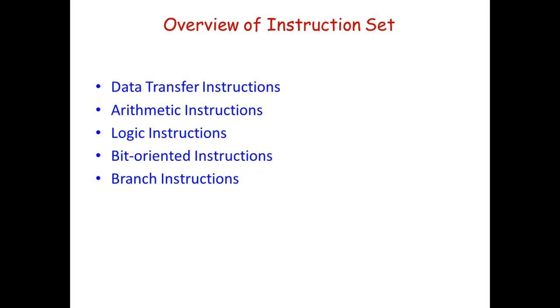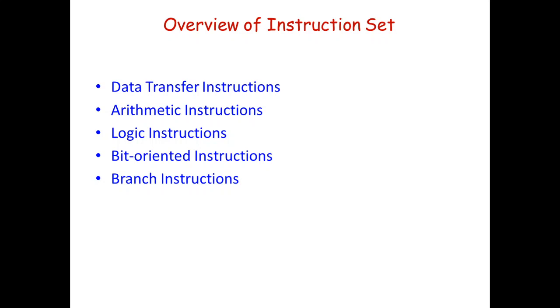What do you mean by addressing mode? Addressing mode means how to access the data for the operation. There are basically different types. First one is immediate addressing mode. In immediate addressing mode, data is directly written in the instruction itself.